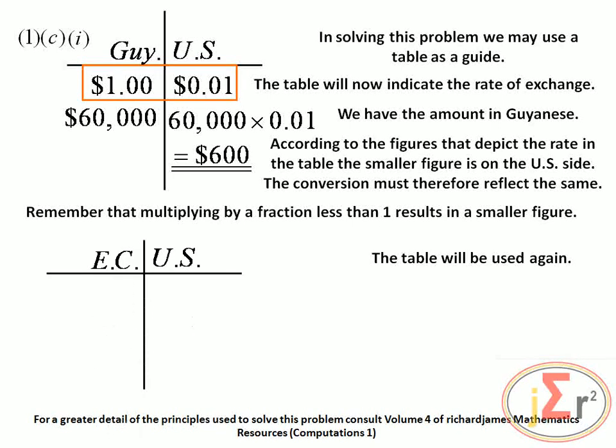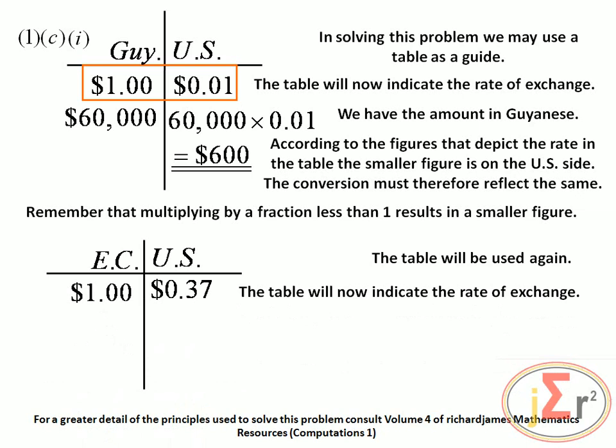And of course, we need to do another conversion, this time from EC to US, and the rate is going to be included in the table so that we can see and of course make a comparison. So we have the amount in US right there, $925. Of course, if we compare this, we have $1 on the EC side and 0.37 or 37 cents on the US side.